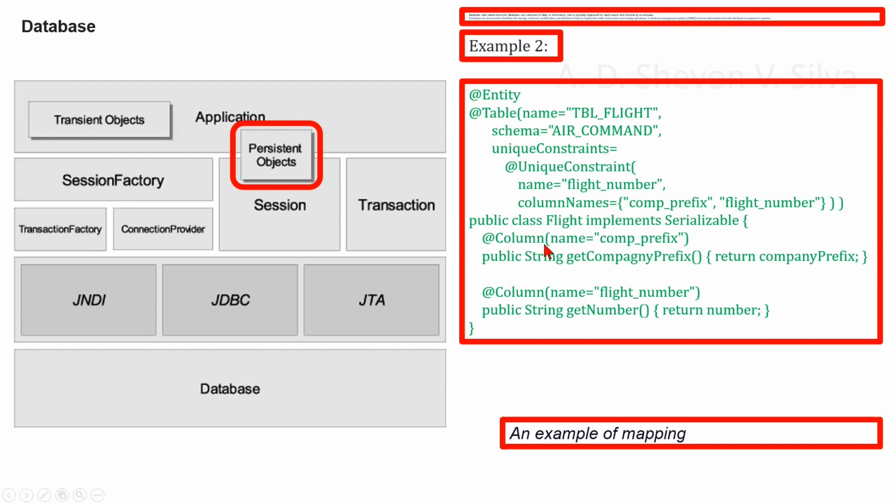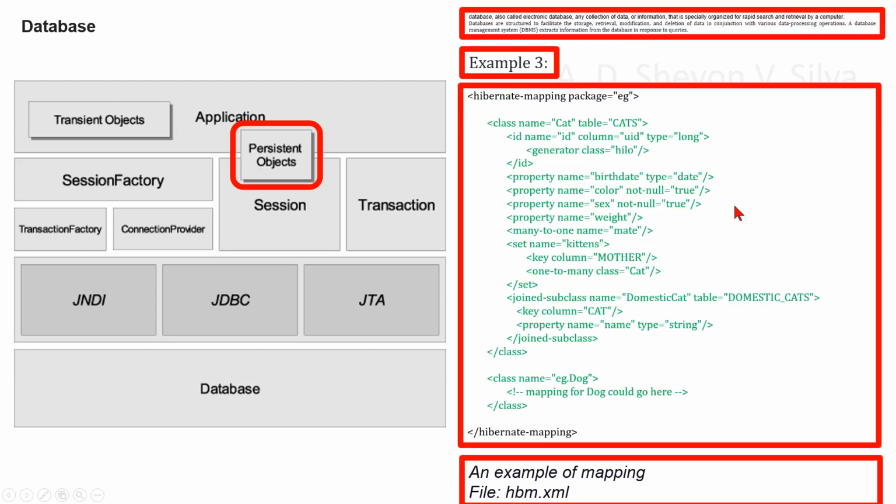And you can see here the column names. Here you can see an example of mapping in an hbm.xml file.